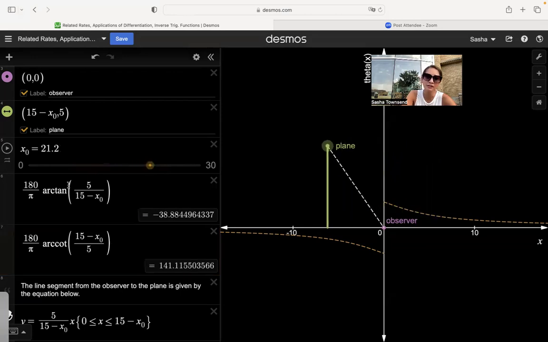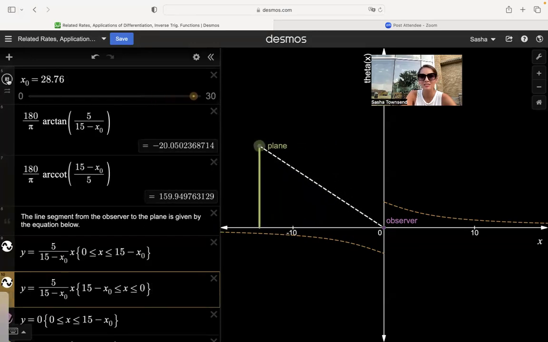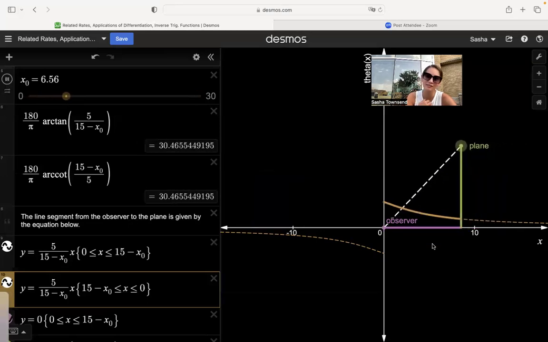Although we could use the arctangent function, we just have to remember to add 180 degrees, or pi radians, to the arctangent function when we're done. Hope that makes sense. I just wish I could label the angle here. I don't know how to do that.